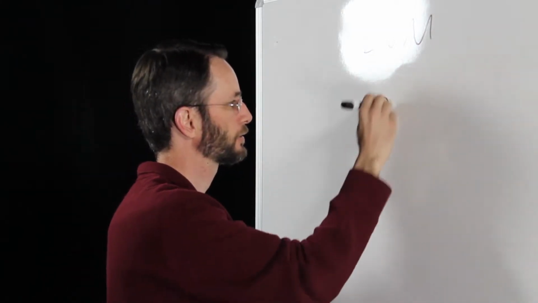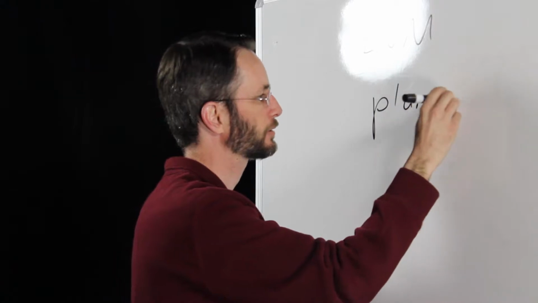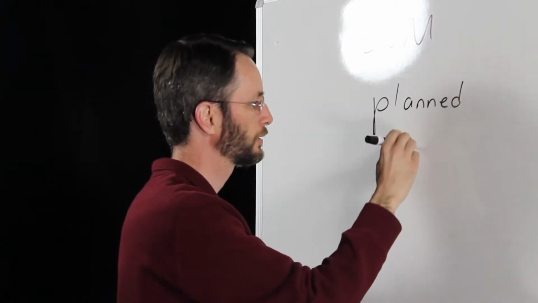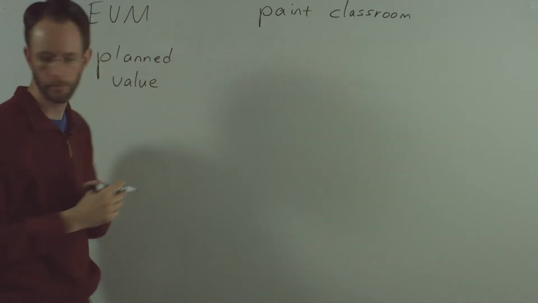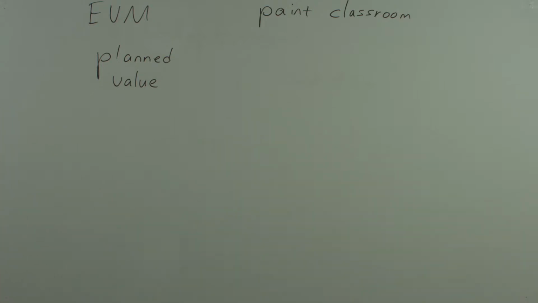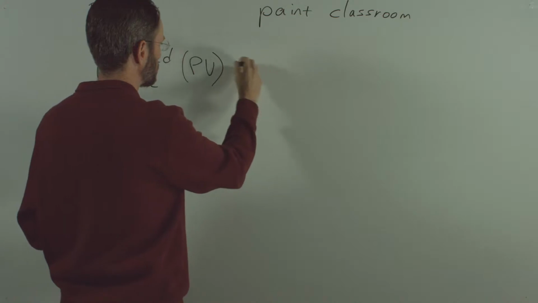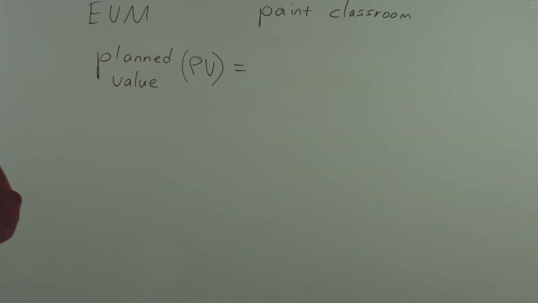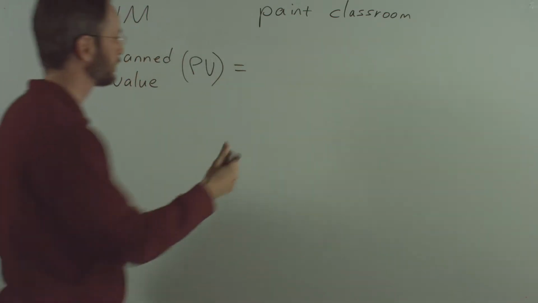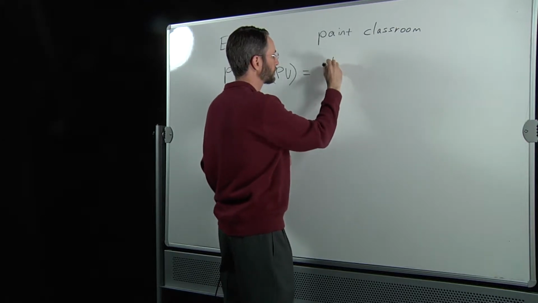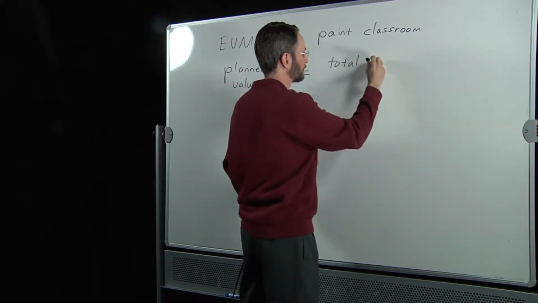Our first number is planned value, or PV. This is our approved total cost estimate.